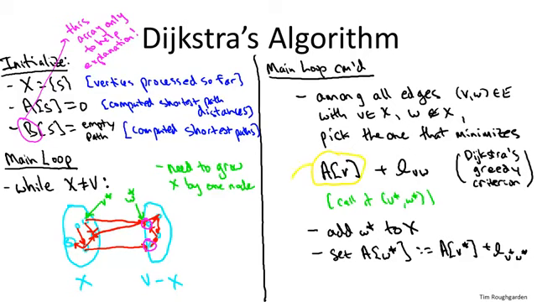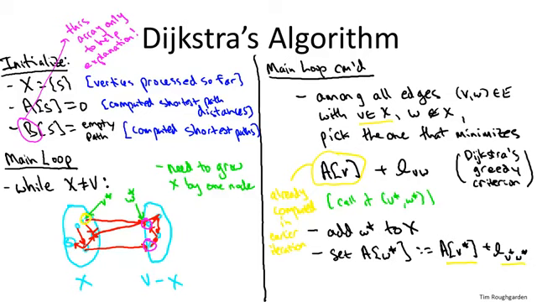Now, a key point is to realize that this code does make sense, by which I mean, if you think about this quantity A of V, this has been previously computed. That's because an invariant of this algorithm is we've always computed shortest path distances to everything that's in capital X. And of course, the same thing holds when we need to assign W star its shortest path distance, because V star was a member of capital X. We had already computed its shortest path distance, so we can just look up the V star entry in the array A. So over in our picture on the left, we would just say, well, what did we compute the shortest path distance to V star previously?